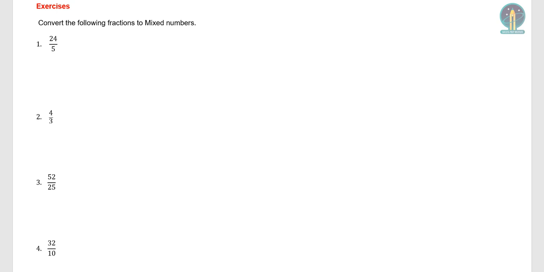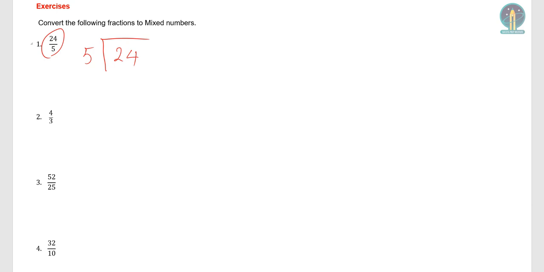Okay, so converting the following fractions to mixed numbers, we start with 24/5, and what we want to do again is the same thing that we did. So long division, 24 divided by 5. How many whole 5s are contained in 24?